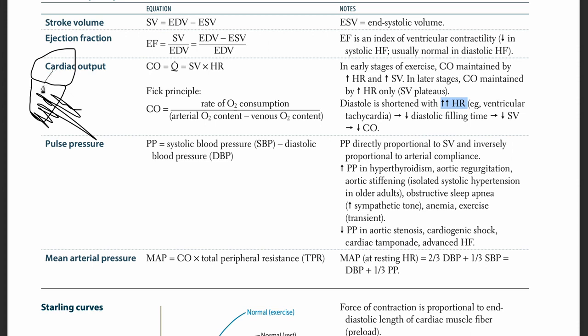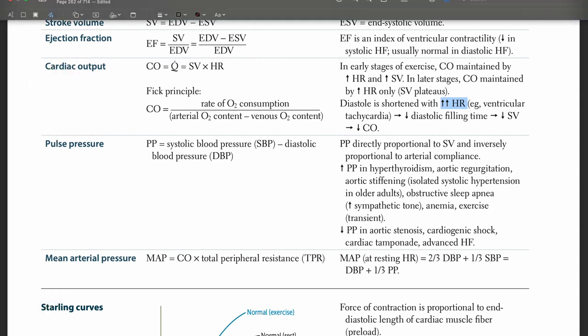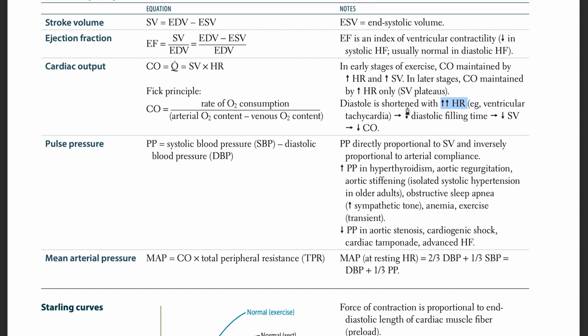Before it's even filled up, it's going to get pushed out the aorta, right? Fill up a little, push out the aorta. So the filling is decreased compared to when it was normal, when it would fill up for maybe half a second and then get pushed out. But at this point, it's beating so fast that it fills very little and then gets pushed out.